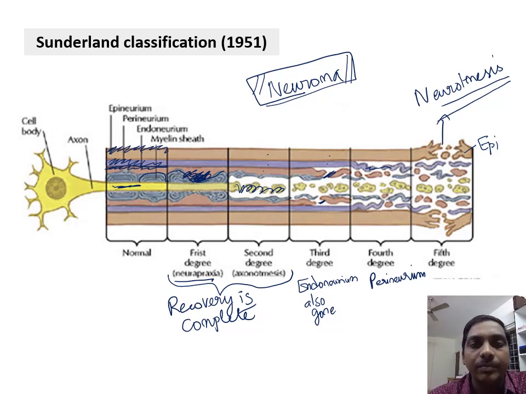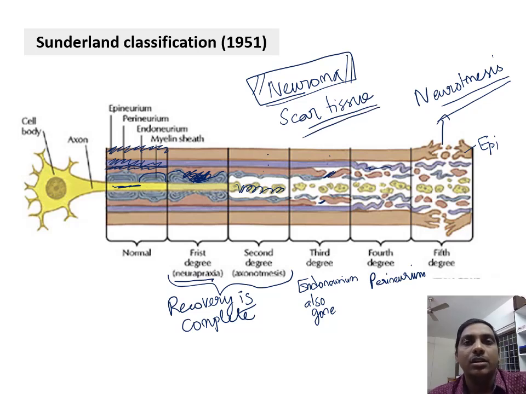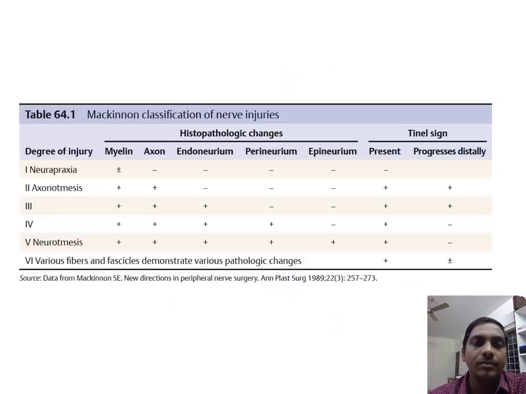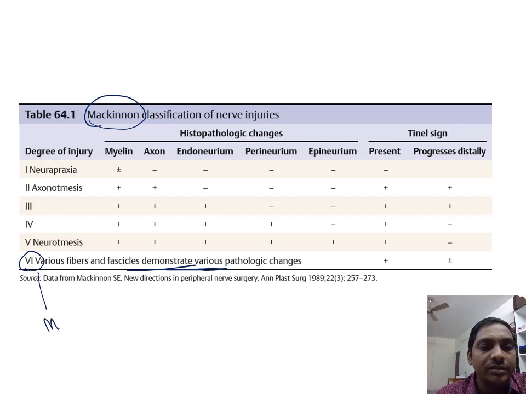It's nothing but a scar tissue formation between the regenerating axonal sprouts and the injured nerve sheaths. And the third classification is given by McKinnon. He included the sixth variety, that is going to be mixed nerve injury.